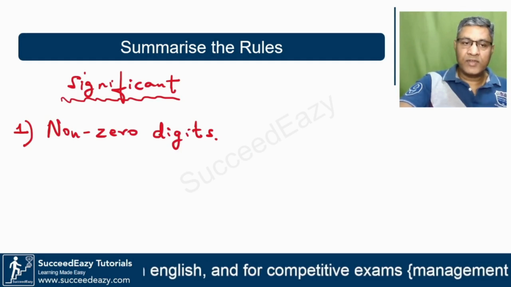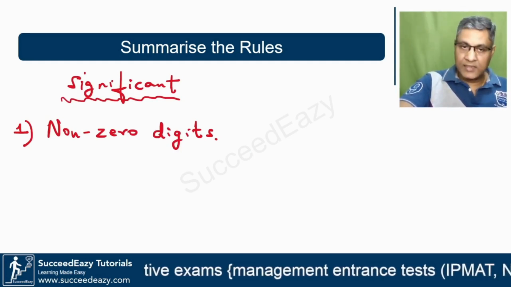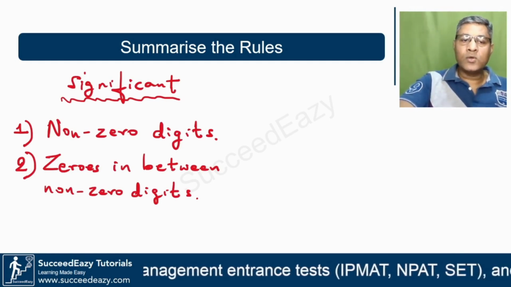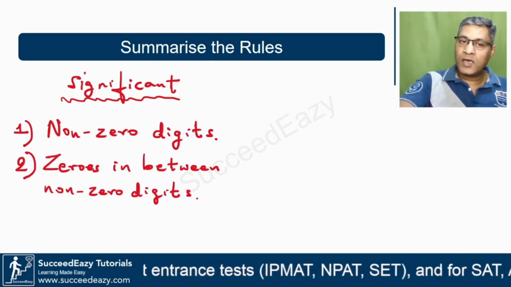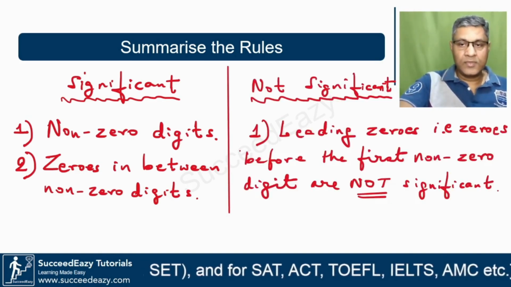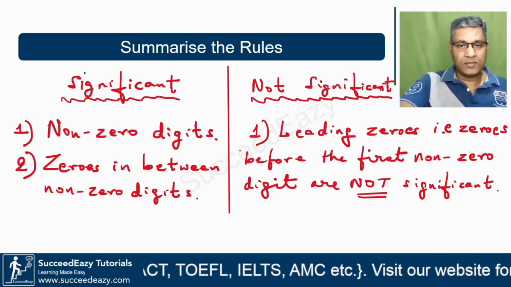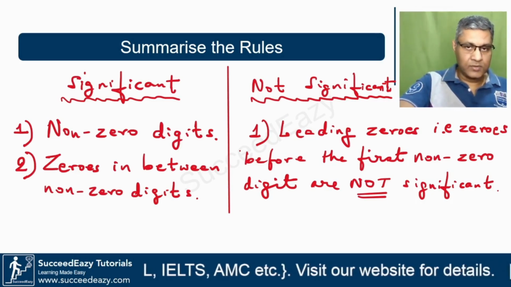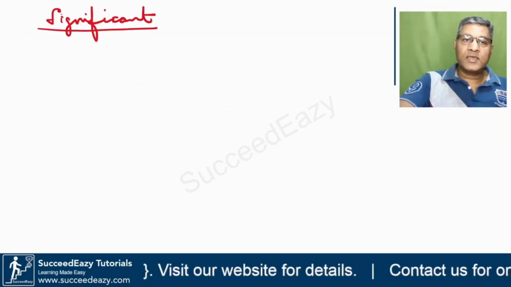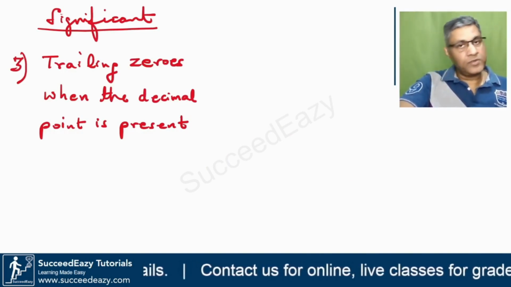For significant figures, all non-zero digits are to be considered as significant. Secondly, zeros in between non-zero digits are significant. Let's see what is non-significant. Leading zeros, that is zeros before the first non-zero digit, are not significant. We have seen all this in the examples. Additionally, trailing zeros are significant when the decimal point is present.